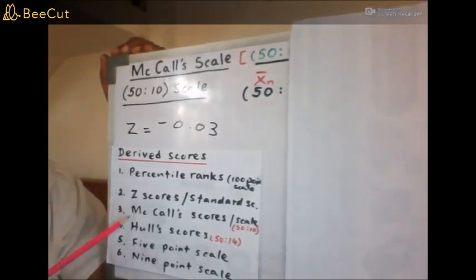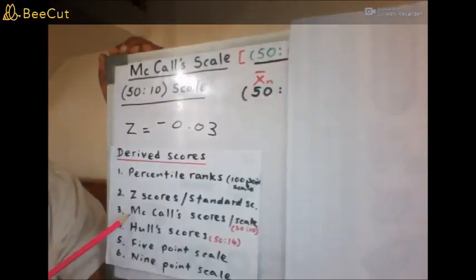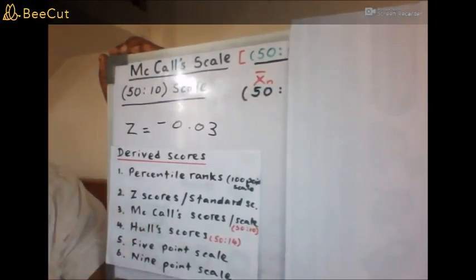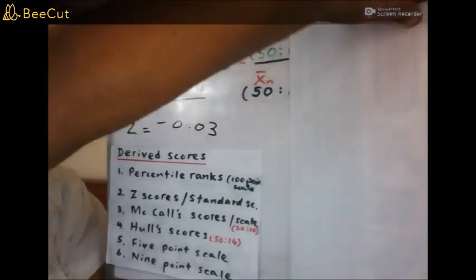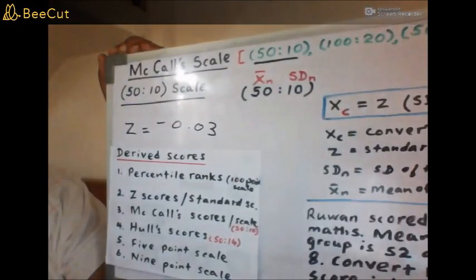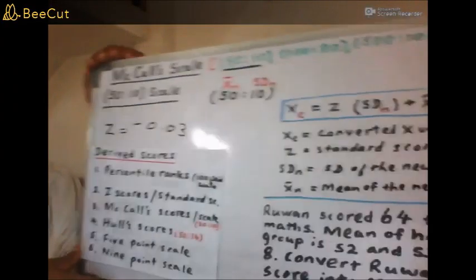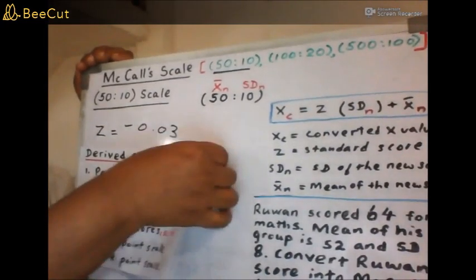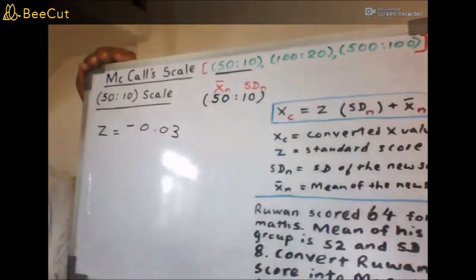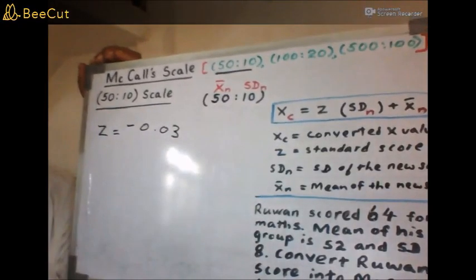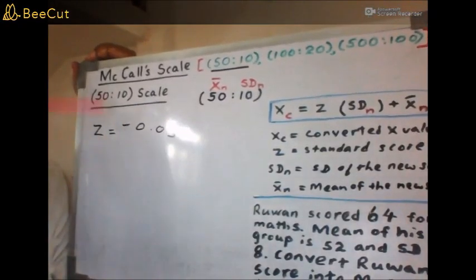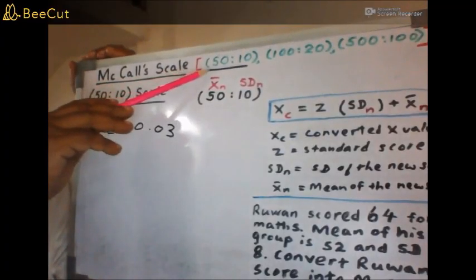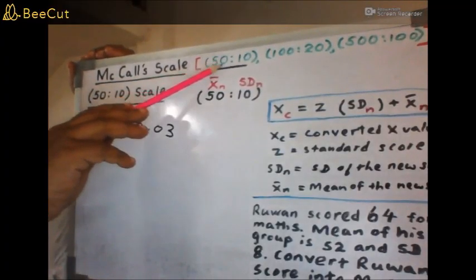So we are going to do McCall's scale. The McCall scale, we have it like this: 50-10.